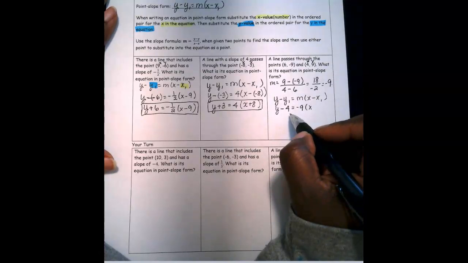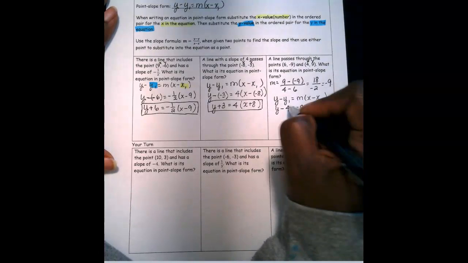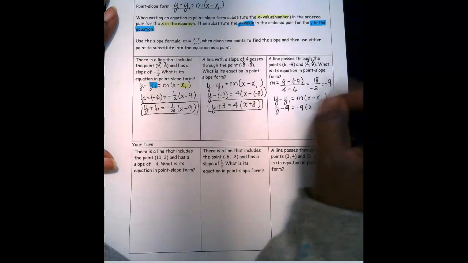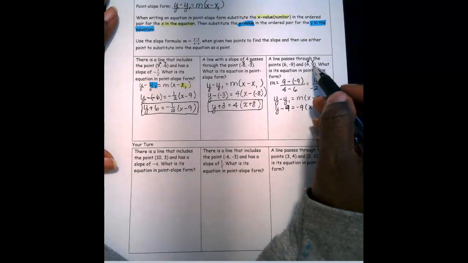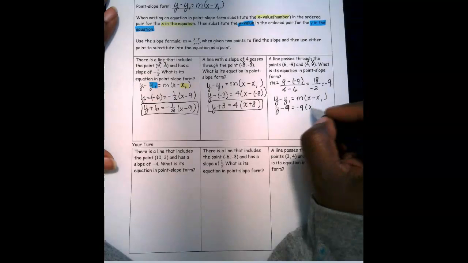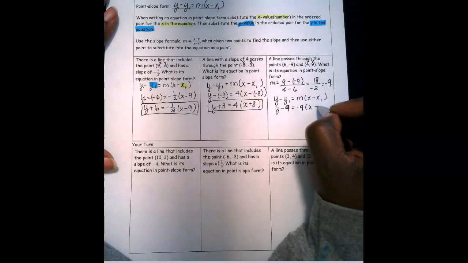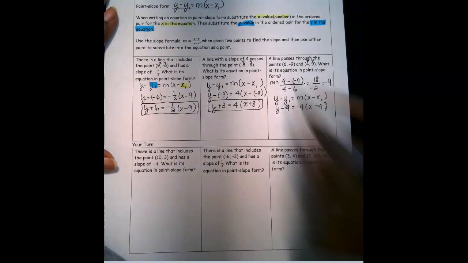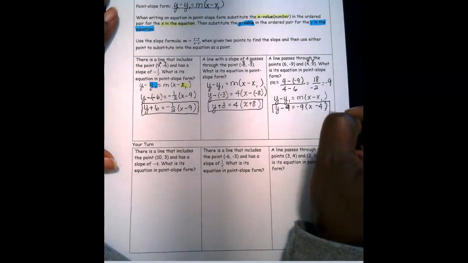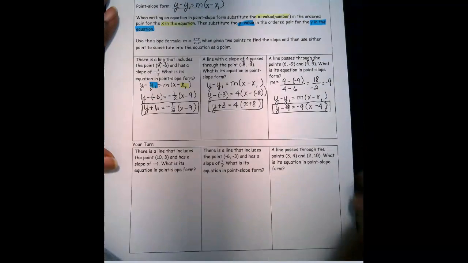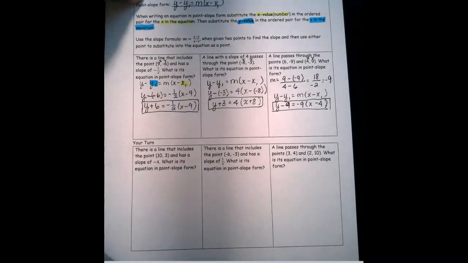Sometimes I do that. I meant to write 9 right here because y sub 1 is 9. x minus 4. There we go. It's all better now. So on this one, we are completely done. We didn't have to do any simplifying or anything like that.